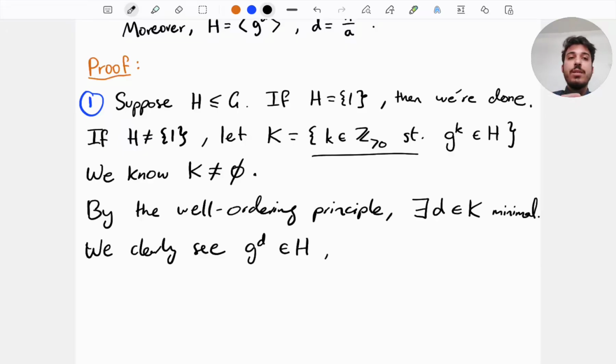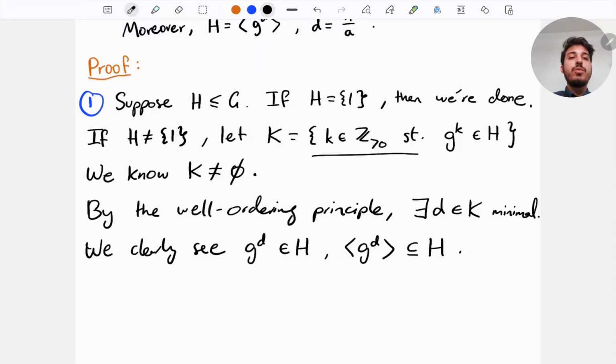So any multiples of g to the d have to be inside H as well. So that means that all the generation of g to the d has to be a subgroup, has to be a subset of H for that reason.